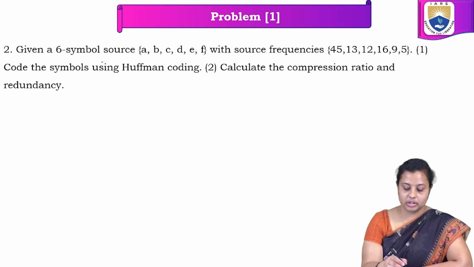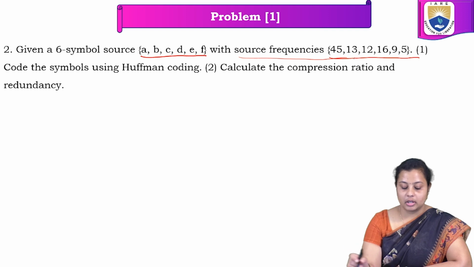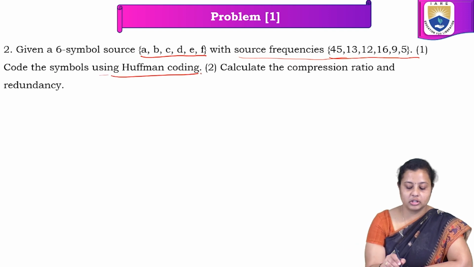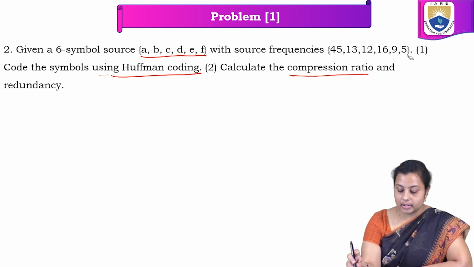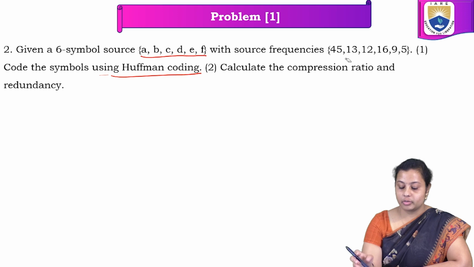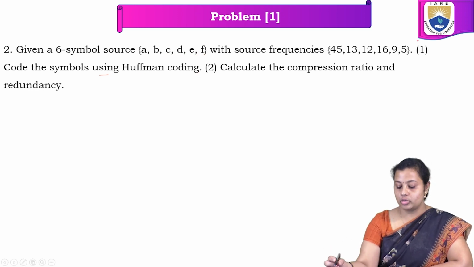We have a next question, where we have a symbol source which has 6 symbols and their frequencies, right? So these are the source frequencies. Now we have to code using Huffman coding, and we will calculate the compression ratio and the redundancy. So how do you calculate the probability when a question of this sort is given? You first calculate the total number of pixels that exist.